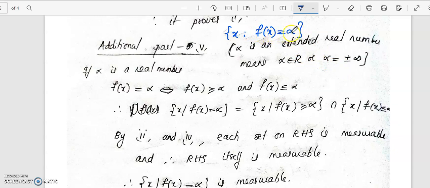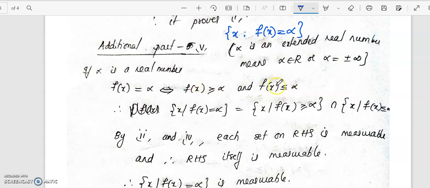So first we will look at the case when alpha is not equal to plus or minus infinity, that is, the case where it is some other real number. If you have f of x equal to alpha, that holds if and only if f of x is greater than or equal to alpha and f of x is less than or equal to alpha simultaneously.